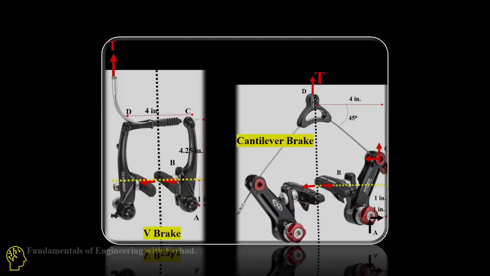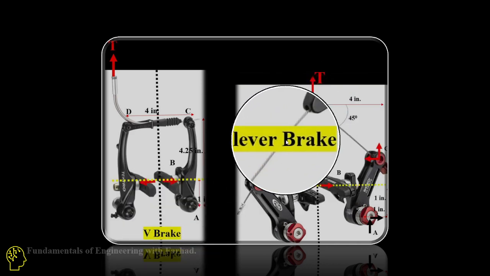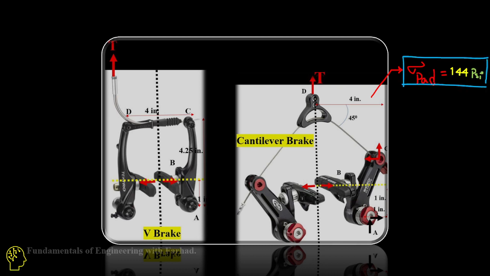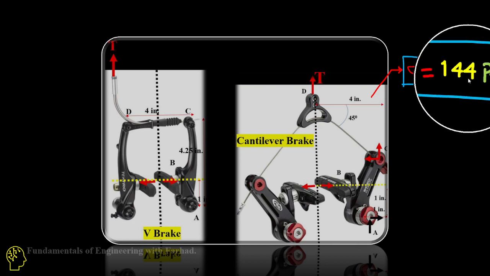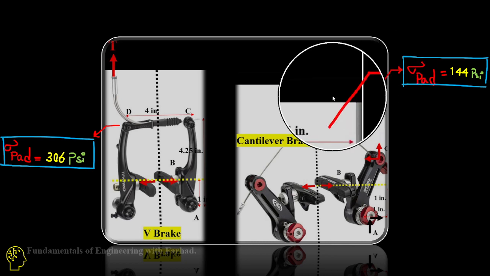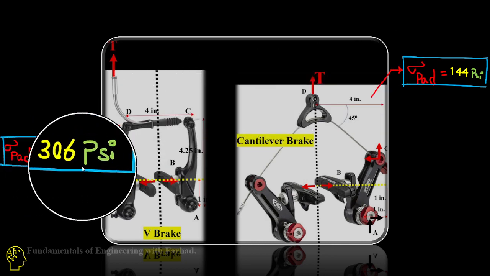So to review the two systems of brakes, the V brake versus the cantilever brake for a bicycle: sigma for the pad in the cantilever one is 144 psi, and sigma for the pad in the V brake is 306 psi.